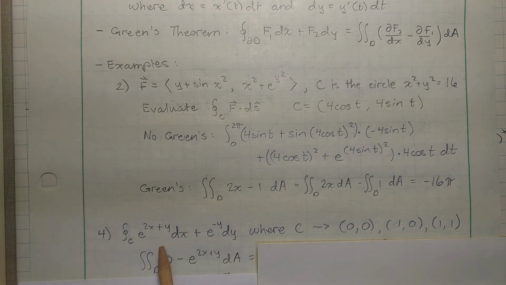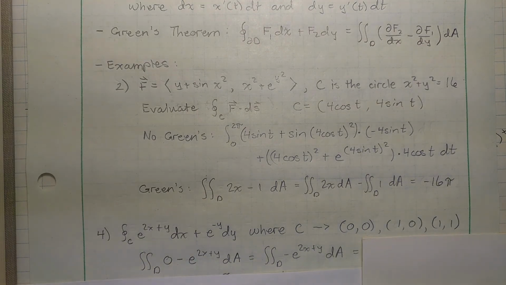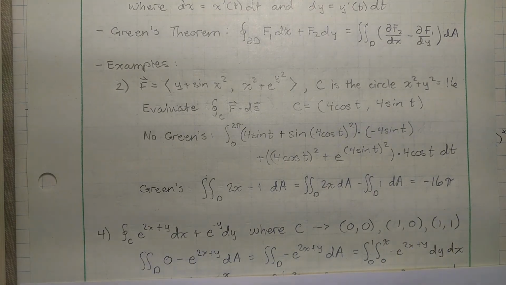That just becomes minus e to the 2x plus y. Now I have to worry about my limits of integration. My x limits go from 0 to 1, and my y limits go between 0 and the line y equals x. So I have that dy dx, like we've done quite a bit before.